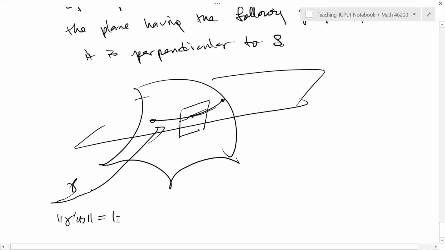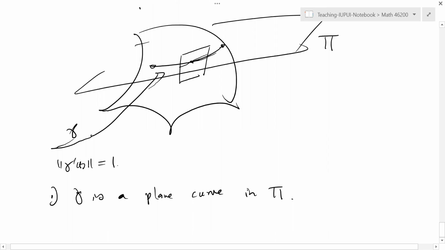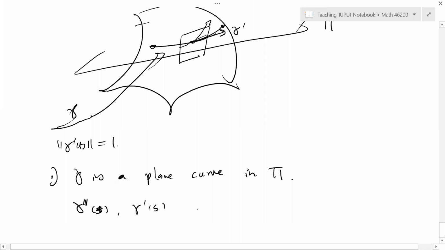First of all, gamma is a plane curve, in the plane we call pi. Because it's a plane curve, gamma prime and gamma double prime are in the plane.